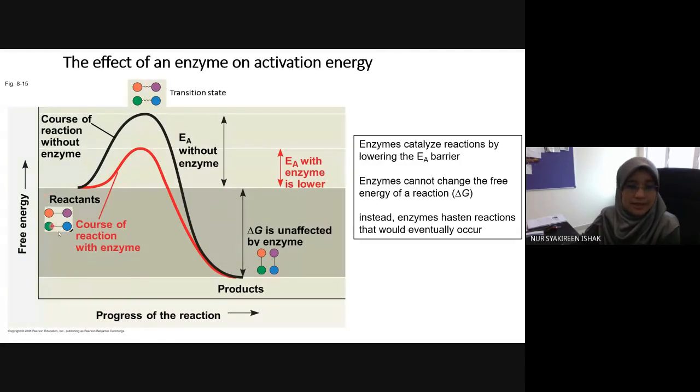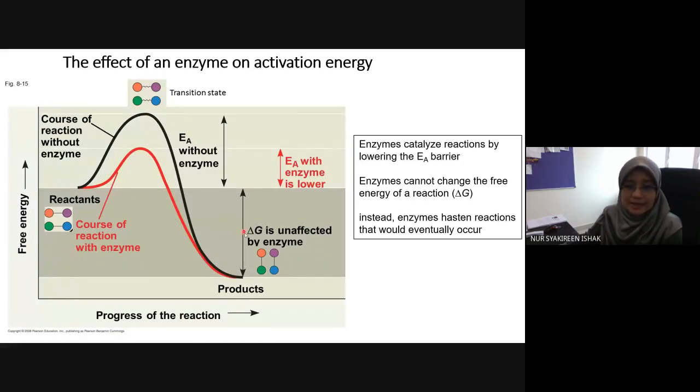So you have the reactants here, and if the reaction occurs without enzyme, as you can see, it takes a longer time to produce the product and the activation energy is larger. But when you add enzyme to the reaction, it lowers the activation energy and speeds up the rate of chemical reaction.